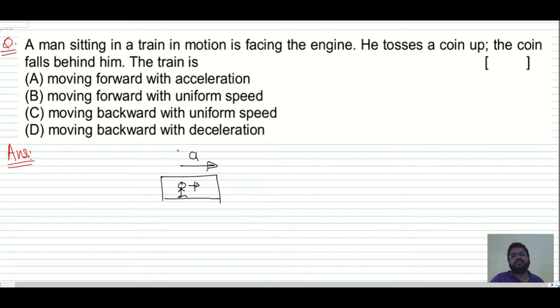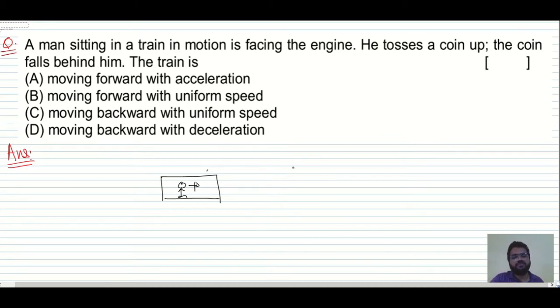So when he tosses the coin, it actually falls behind, right? What does this mean? Whenever he applies a force and that coin is in the air, here one concept is very important, and that concept is whenever the force on that coin will become 0 if you just release the coin, right?